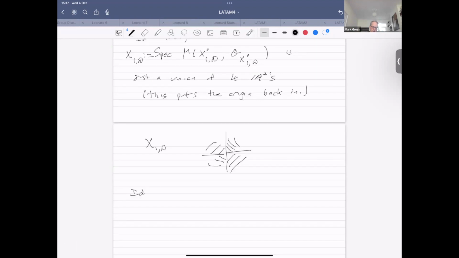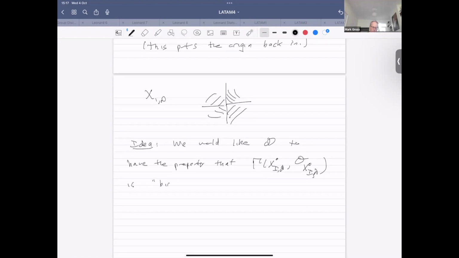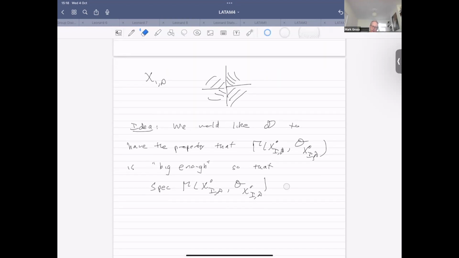So the idea is, you would like D, the scattering diagram, to have the property that Γ(X_open_ID, O_X_open_ID) is, in quotes because it's not immediately clear what this means, big enough, so that Spec of this ring, the ring of regular functions on the scheme we constructed, in fact gives a partial compactification of X_open_ID.